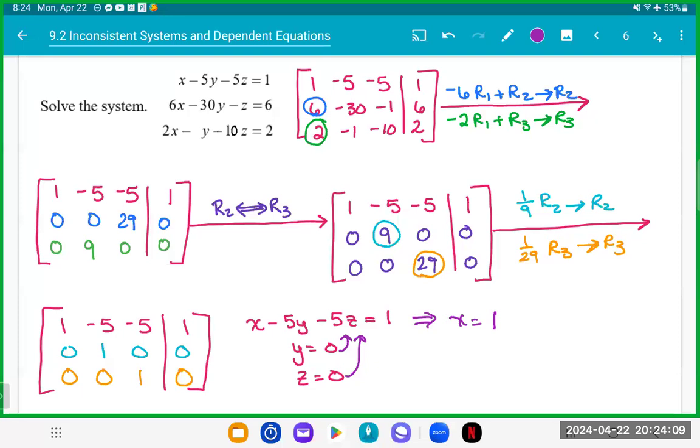So we don't have any dependencies and we didn't have any inconsistencies in this one. So we could say that x is 1 in this case and y and z are equal to 0. Okay. And if you plugged those values into any one of these given equations, you would see that it holds true. Okay. Question.